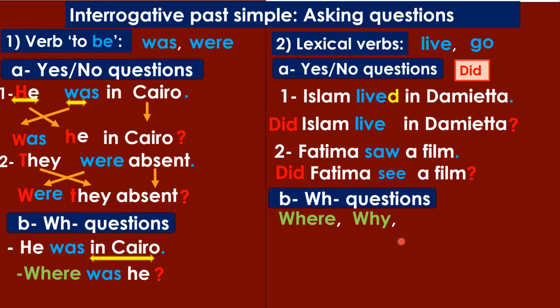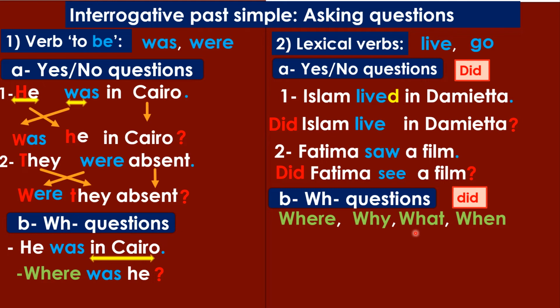I have 4 words. Of course there are so many more than this. I've brought only 4 here. So we're going to use any one of these question words in addition to did.